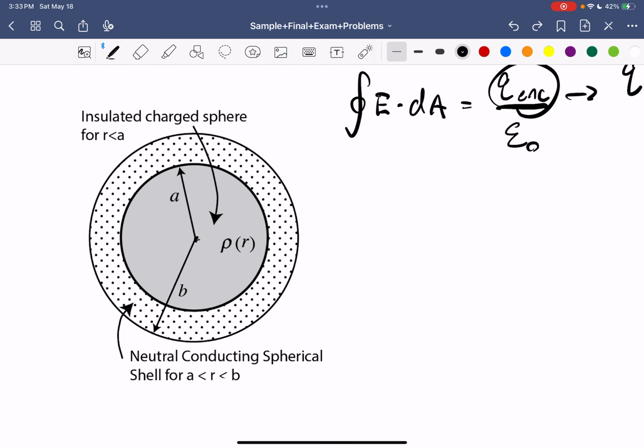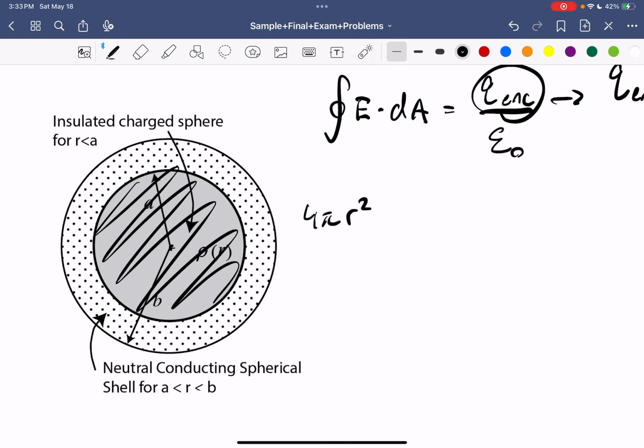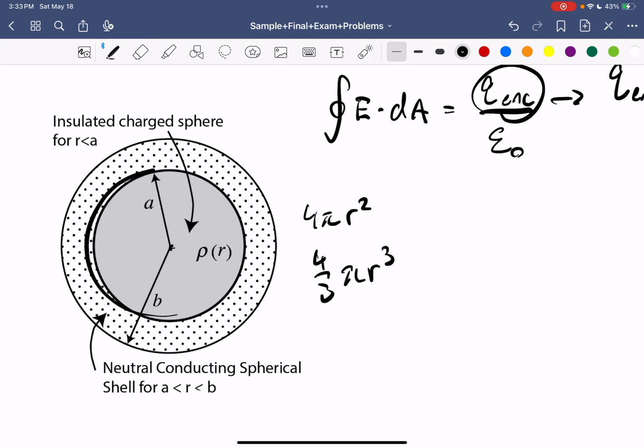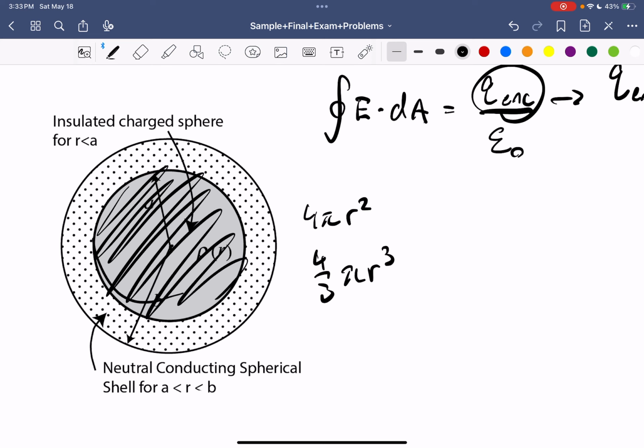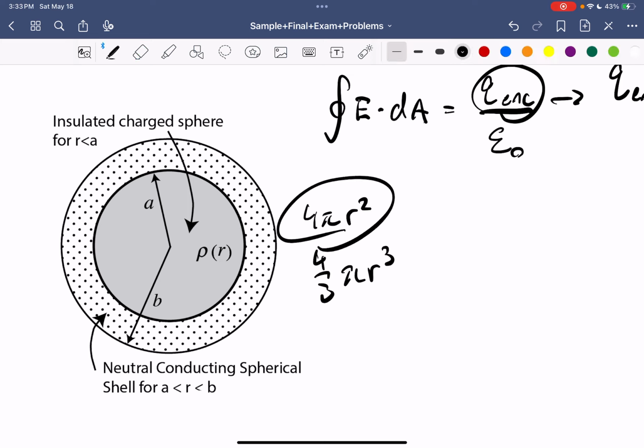Well, technically yes, but in this context, the 4 pi r squared is the infinitesimal shell surface that we're looking for. That's the charge that is being distributed within the insulated charged sphere, not exactly the volume. The volume would be the whole thing inside, but we're looking at the infinitesimal shell of the insulated sphere. Hence why we use this and not that.